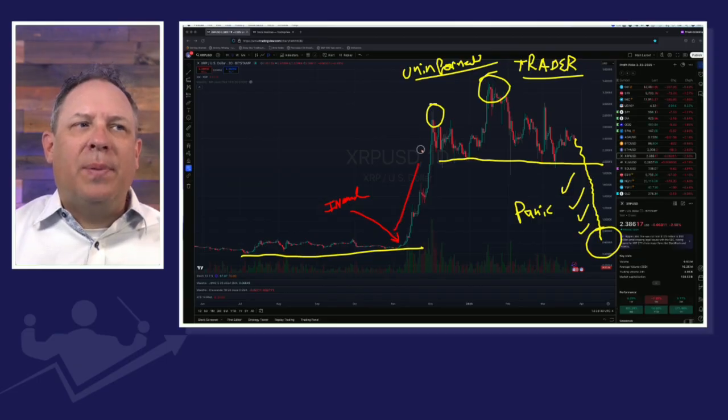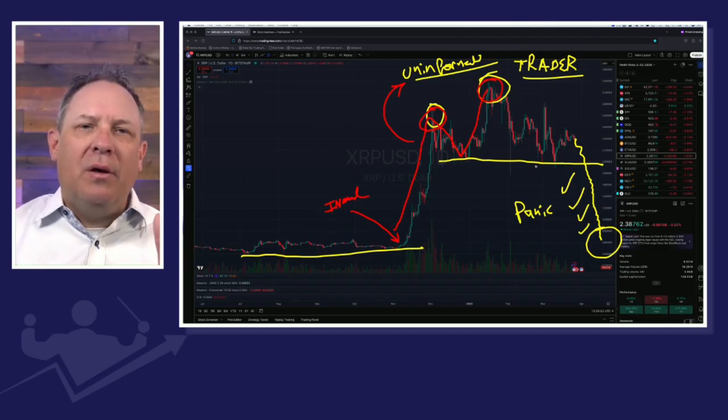And then when XRP runs up, the informed traders are the ones who are selling to the uninformed traders at the top. And in the future, if we drop below this pivot area here, this support level, and we drop back down to lower prices, the people that will be buying from the uninformed traders are the informed traders.